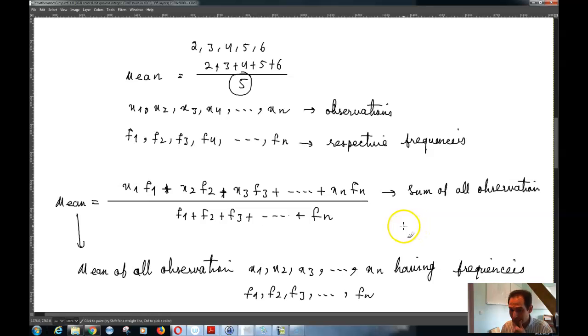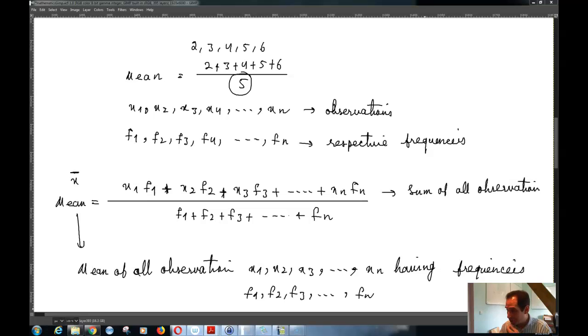Okay, and we denote this by x bar. That means x bar is x1 f1 plus x2 f2 plus x3 f3 all the way up to x of n f of n, all divided by f1 plus f2 plus f3 all the way up to f of n.